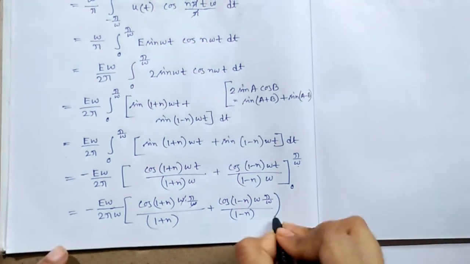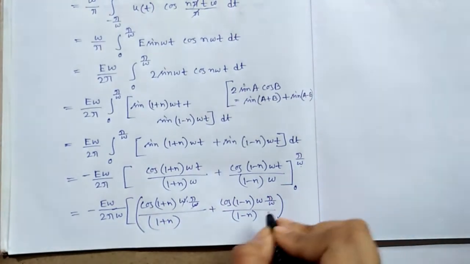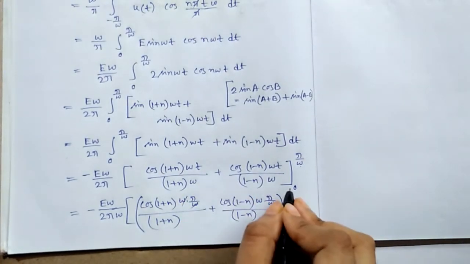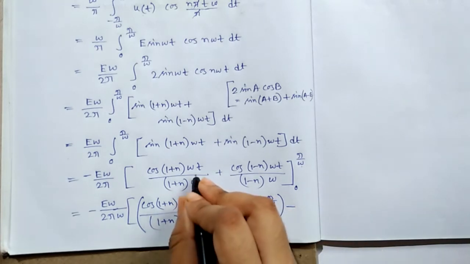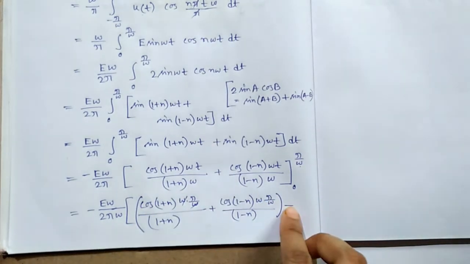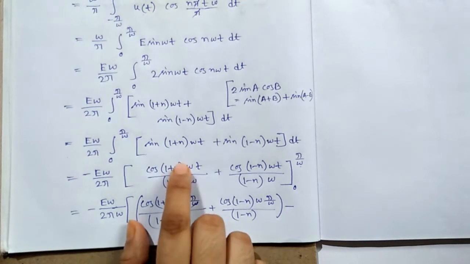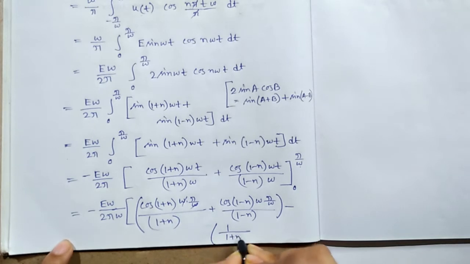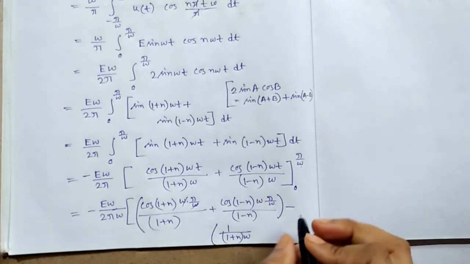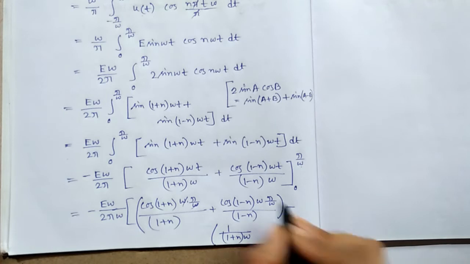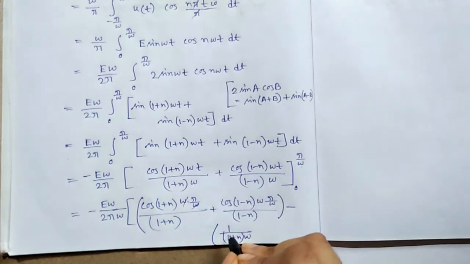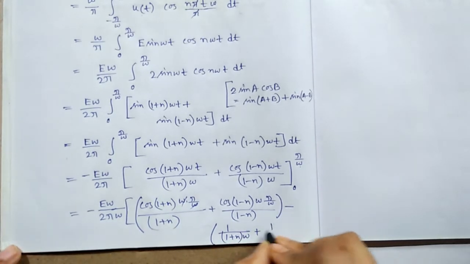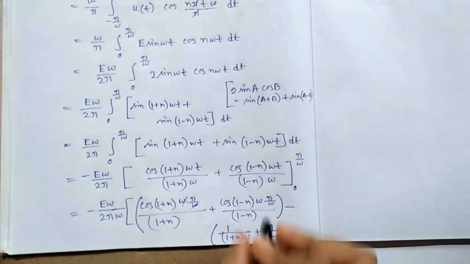Next, this is for pi by omega, and next is minus, put the value of 0 in the position of t. So we get minus, this is cos 0 means 1, so we get 1 by 1 plus n omega, and this is also minus, so I just take common minus sign, so we get plus 1 by 1 minus n.